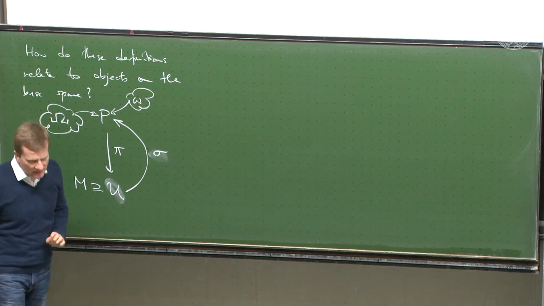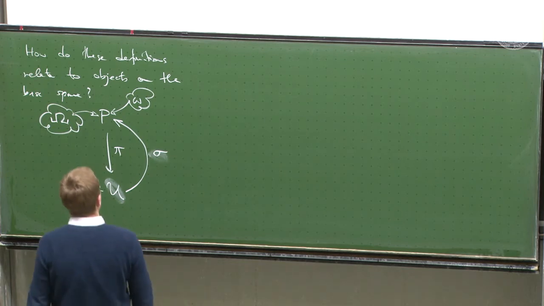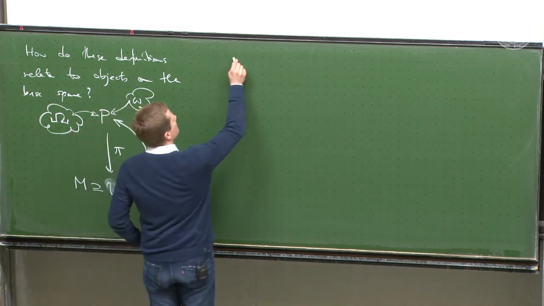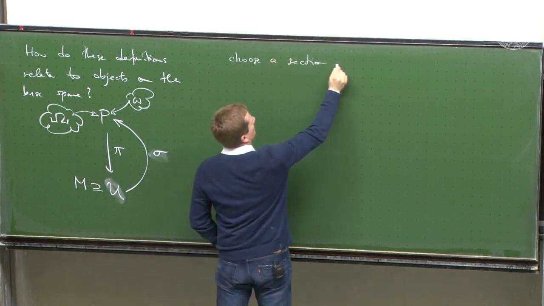Just to remind you again that there may be natural choices for what section you choose, but in fact you could choose any. Even if there's a natural choice, that doesn't compel you to make the natural choice. It just shows you how this would play out in practice. So we need to choose a section, sigma.